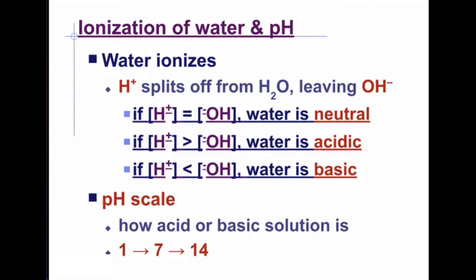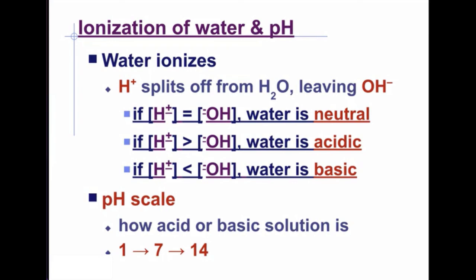Now, the next one is ionization of water and pH. Water ionizes, which means a hydrogen ion splits off from water, leaving OH minus, or hydroxide ion. If H plus is equal to OH minus, water is neutral. If the H plus, or hydrogen ion, is greater than the OH minus, or hydroxide ions, then the water is acidic.